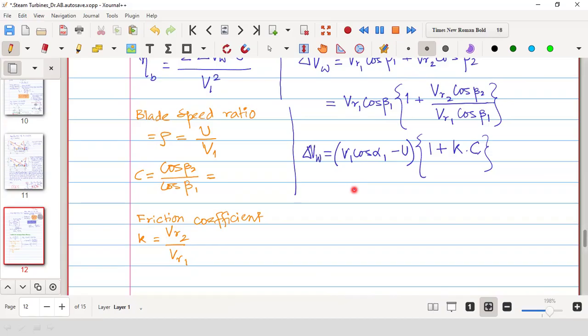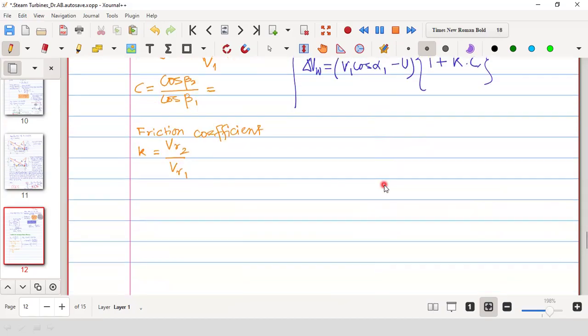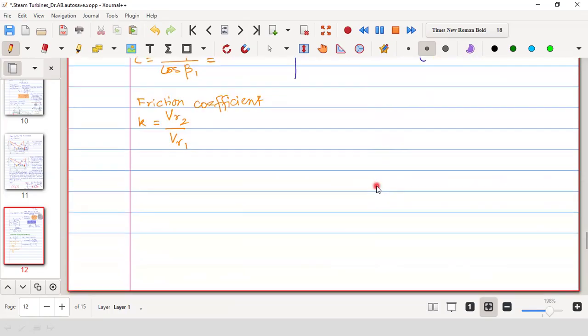Now, therefore, if we write what is the blade efficiency here?